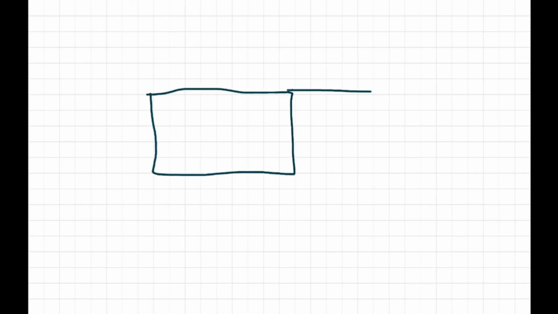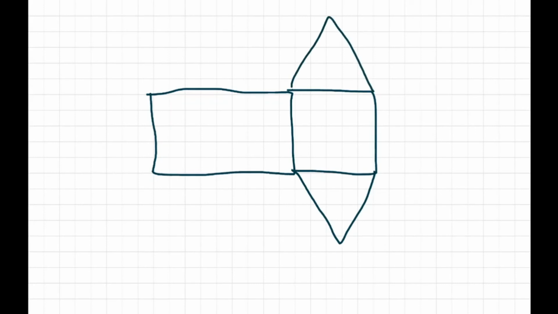So let's try one more problem. For this one, you're going to find the perimeter instead. So we have a rectangle over here. We have a square on top. We have a triangle down here, and we have a triangle up here. So I'm going to give you the values of the sides.